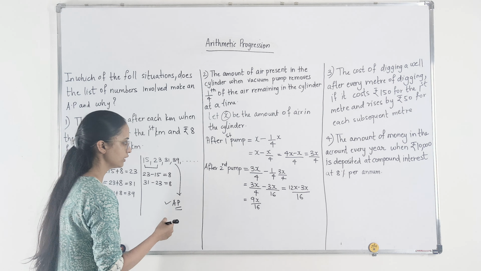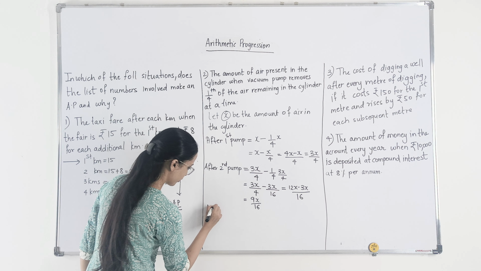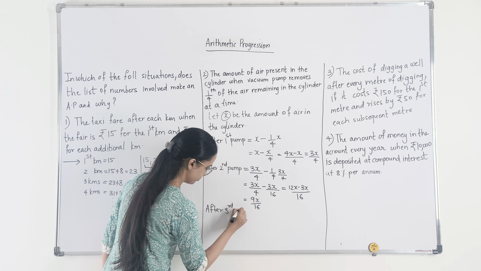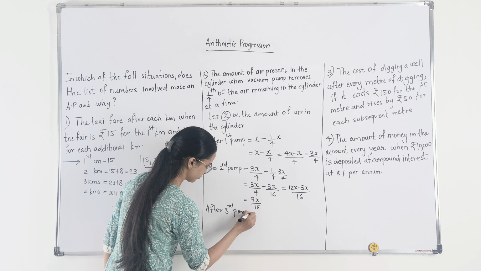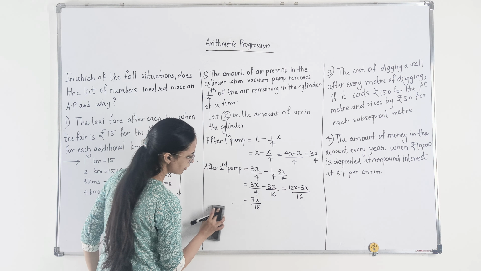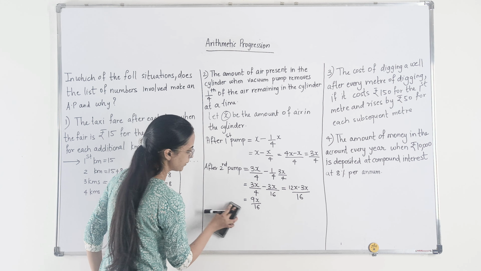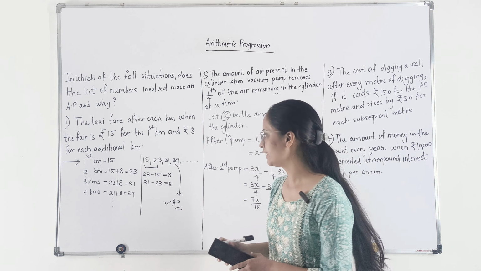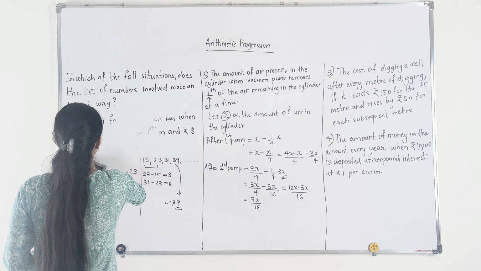Okay. Now similarly after the third pump, or this much is enough. We have got like 3 terms of the sequence. So abhi jo sequence milega, resultant sequence, let me write it over here.